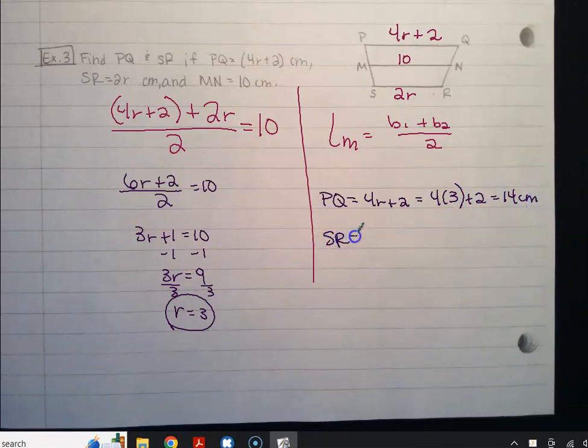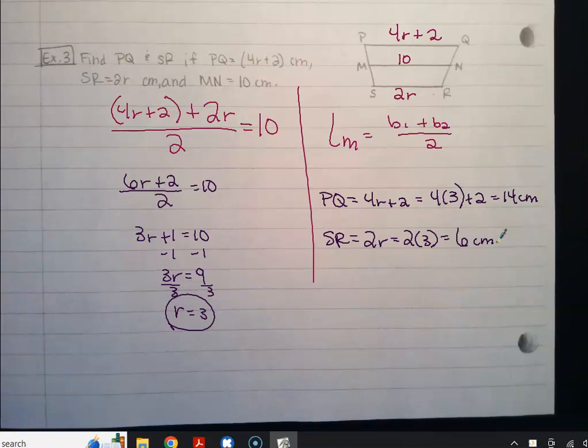Good, and SR was equal to 2r, so that's going to be 2 times 3, which is 6 centimeters. You put the 4 in from the 4r instead. I know what you did. You're good. All right. That one wasn't so bad, right? Like so much quicker than the last one, as long as we know how to use the formula.